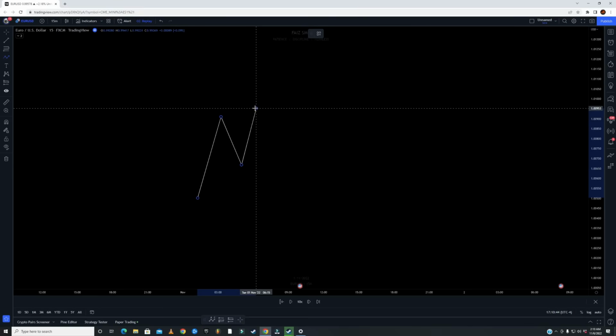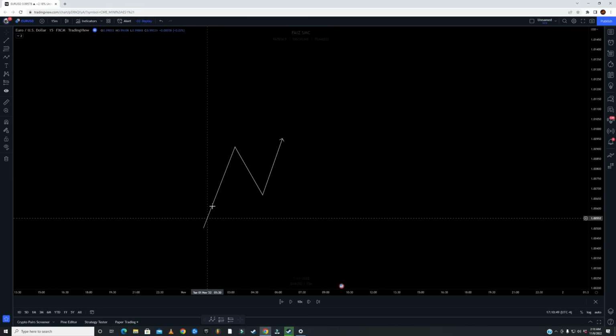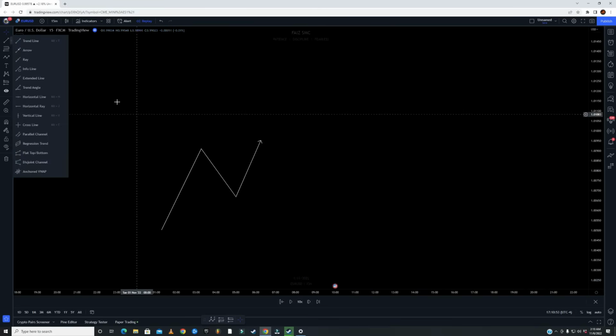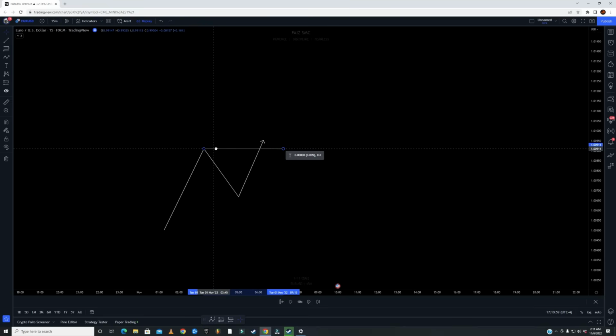This is the A leg, then we've got the B leg, and then the C leg. It's very simple. The C leg is a liquidity sweep. It sweeps out the high, as you can see.